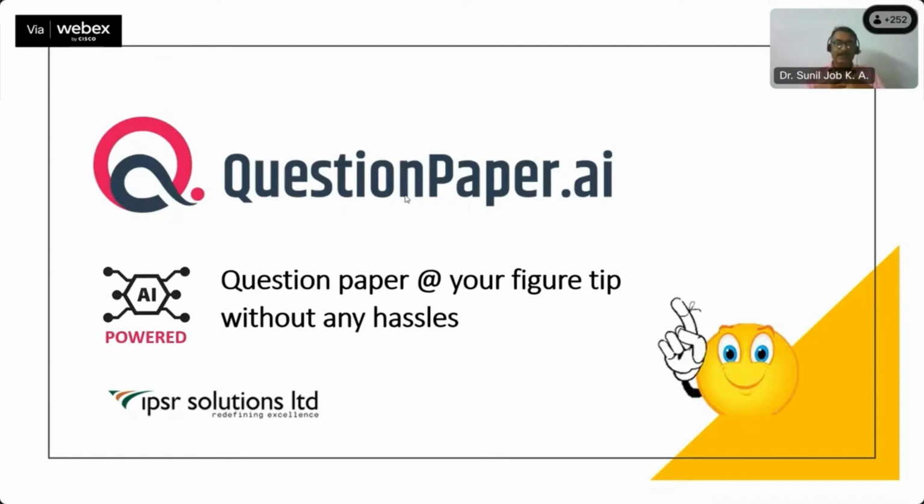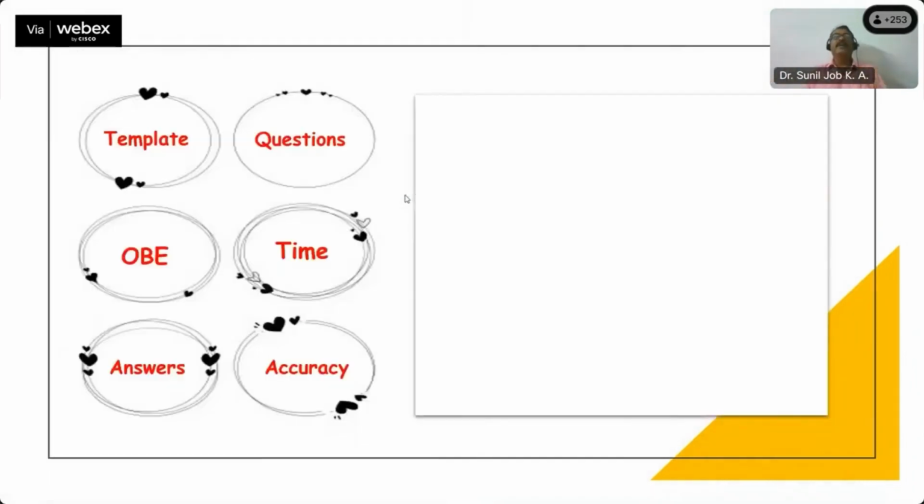So here we will be just going through what this tool is bringing to you and how to write through this application. These are some of the features which I have showcased with reference to our tool. That is, you can create a question paper in any template.